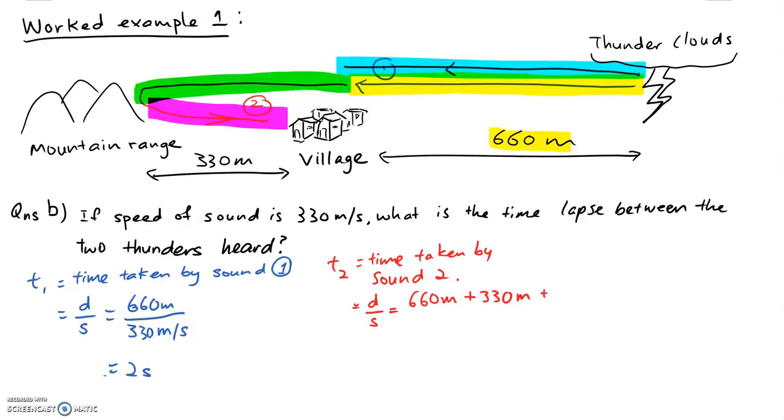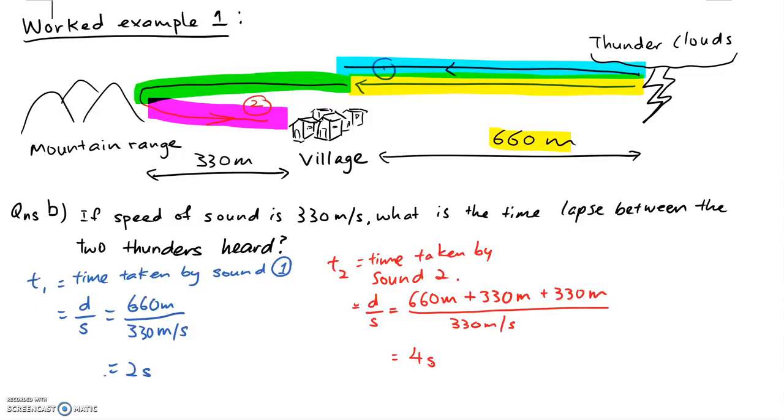The reflection is also 330 meters. So this gives you the total distance traveled by the sound. The speed of sound is 330 meters per second. So this should give you the answer of 4 seconds. So T2, sound 2, will take 4 seconds to reach the village.